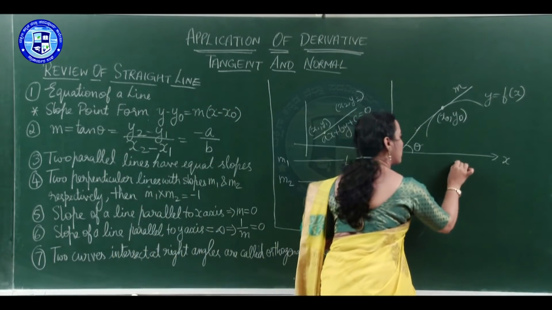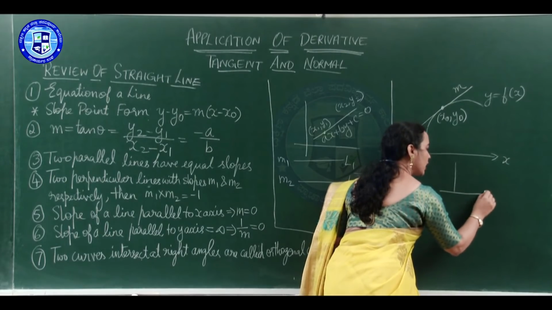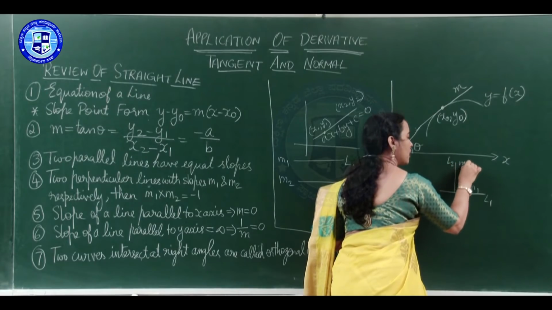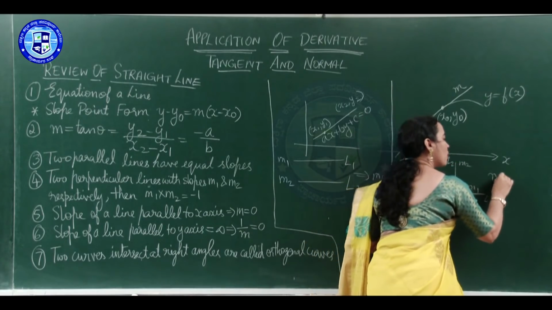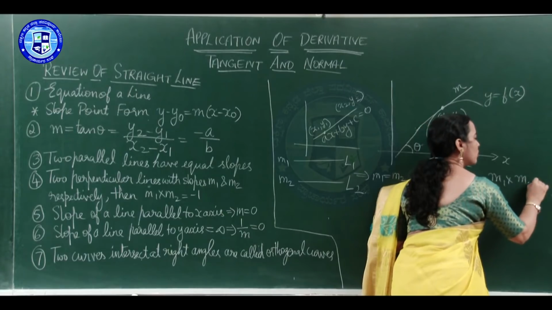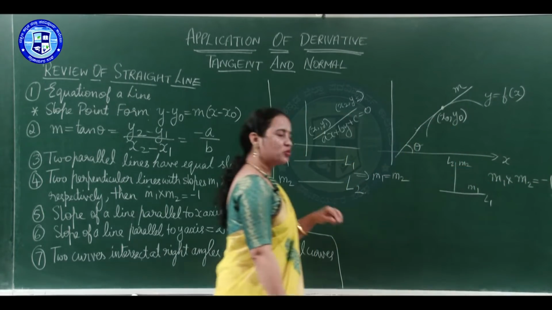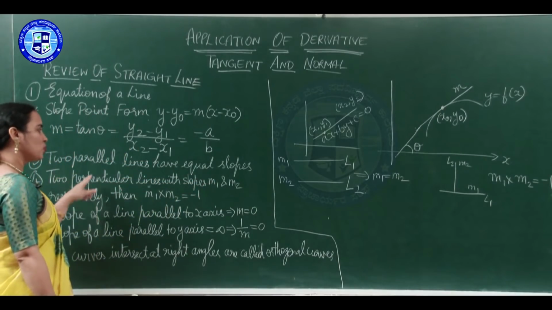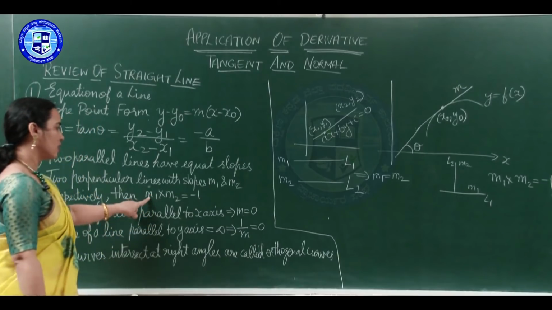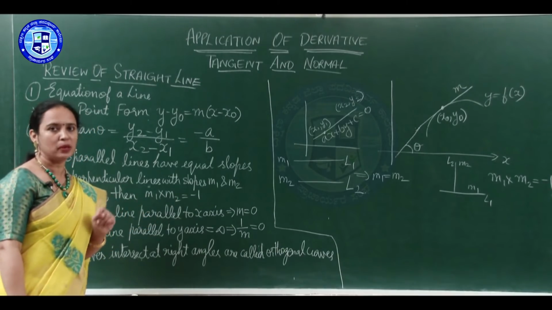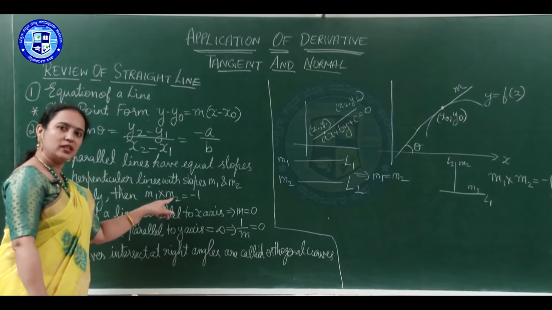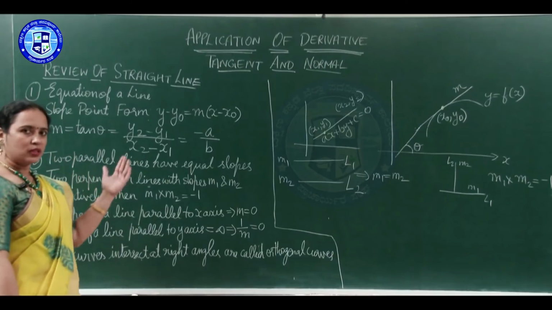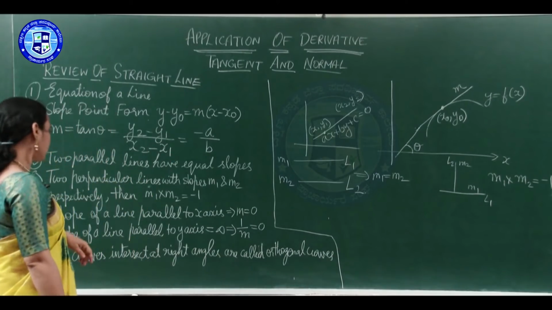If two lines are perpendicular, then the product of the slopes will be minus 1, that is, m1 into m2 is equal to minus 1. We will be applying all these in this chapter.